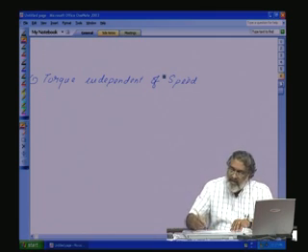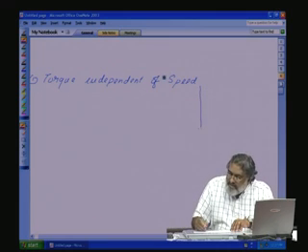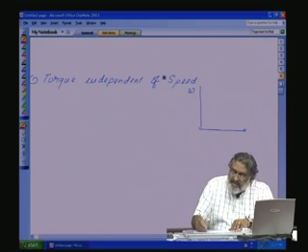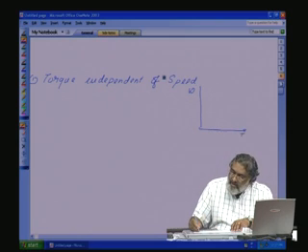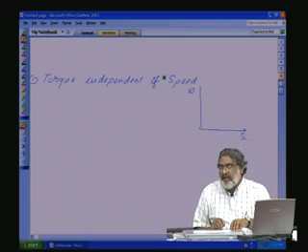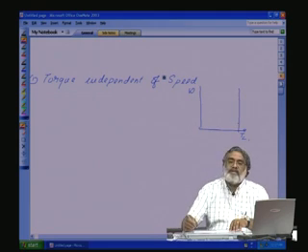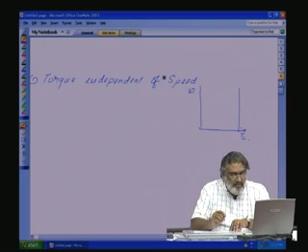Let us draw the graph, the torque speed characteristics of this load. This is our speed, in electrical radians per second, and this is the load torque. So, torque is independent of speed. The speed torque characteristic will be like this, steady. That means, irrespective of the speed, it will always generate a constant load torque.